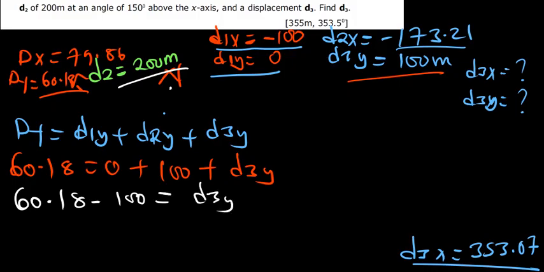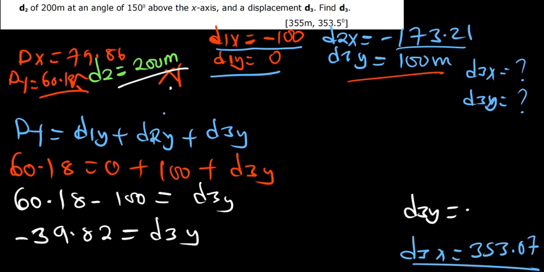So what is 60.18 minus 100? That is negative 39.82, which should be equal to D3y. So that is my D3y, negative 39.82.